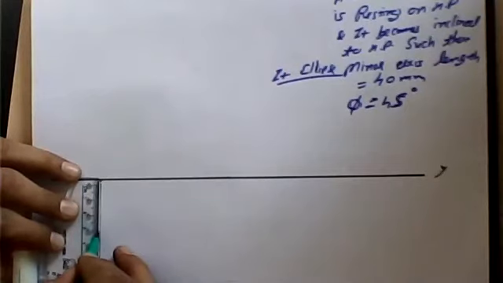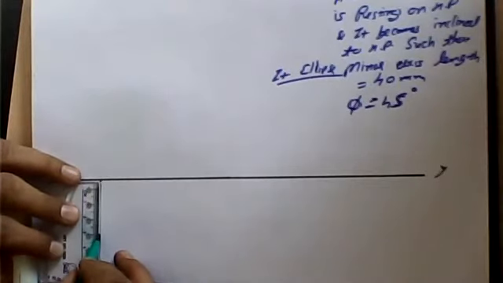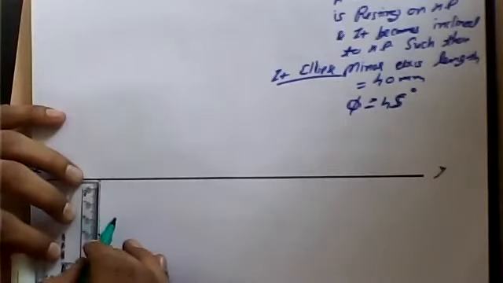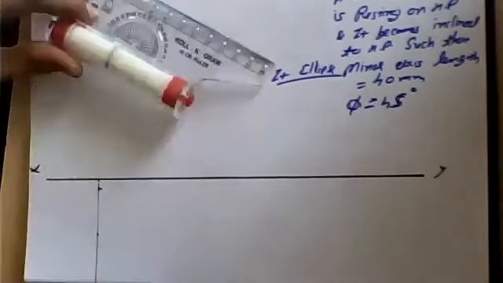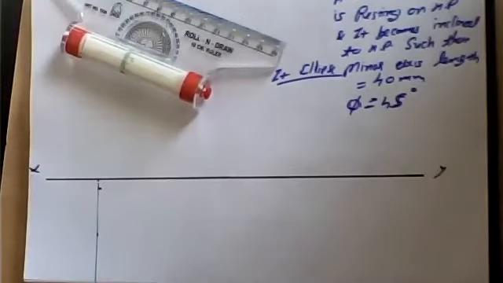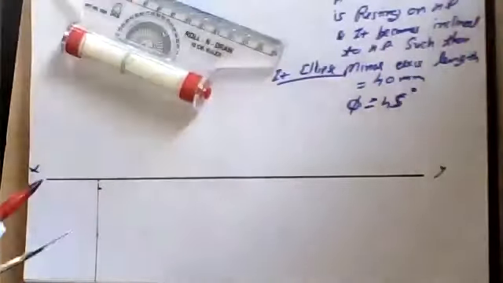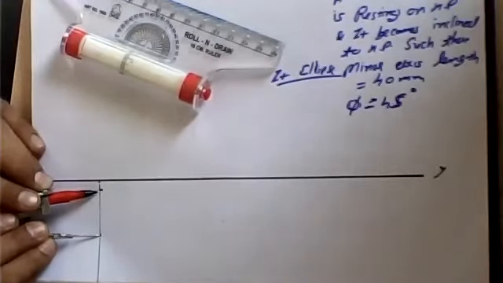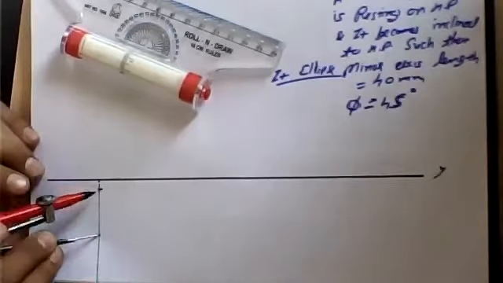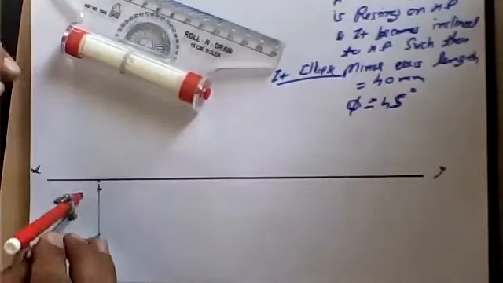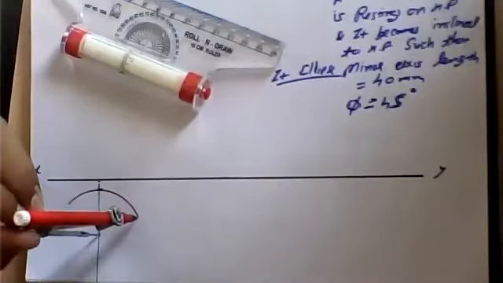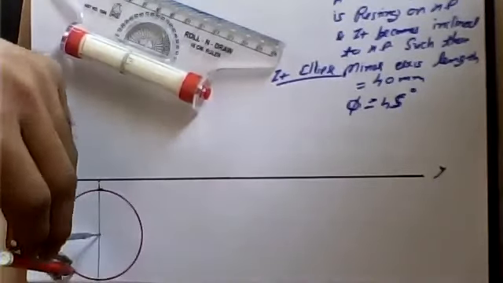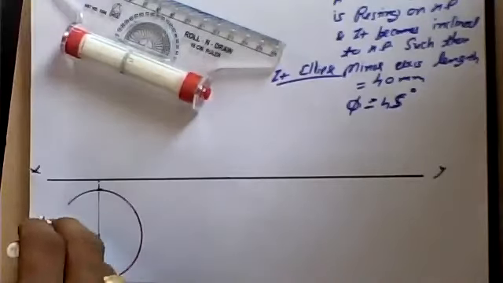I'll take a position at 3 centimeters over here, and from that point I'll be drafting a circle of 60 mm diameter, with a radius of 30 mm, 3 centimeters. So this is the 6 centimeter, or 60 mm, diameter circle. I hope you are able to see it.